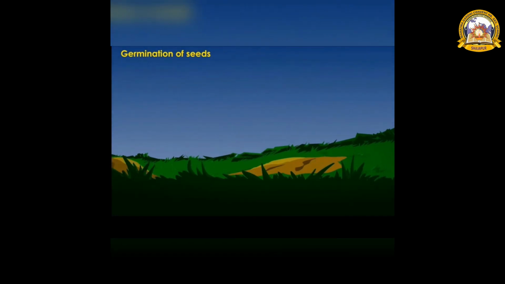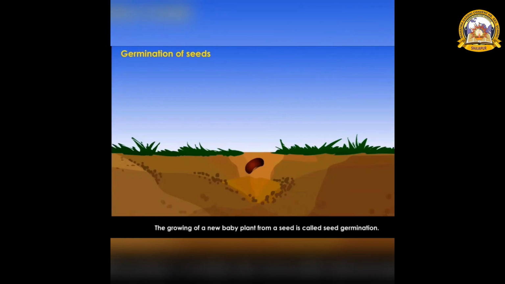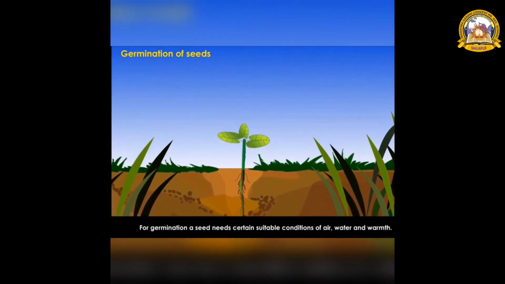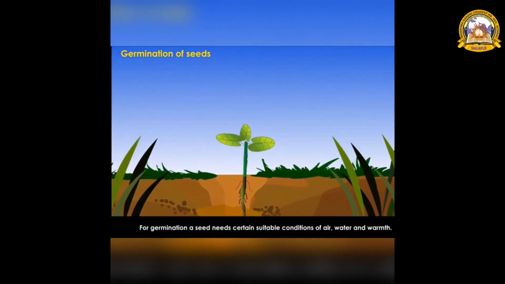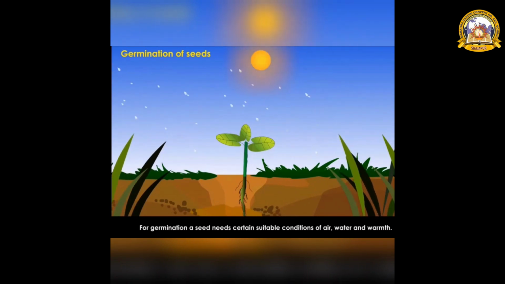Germination of seeds. The growing of a new baby plant from a seed is called seed germination. For germination, a seed needs certain suitable conditions of air, water and warmth.